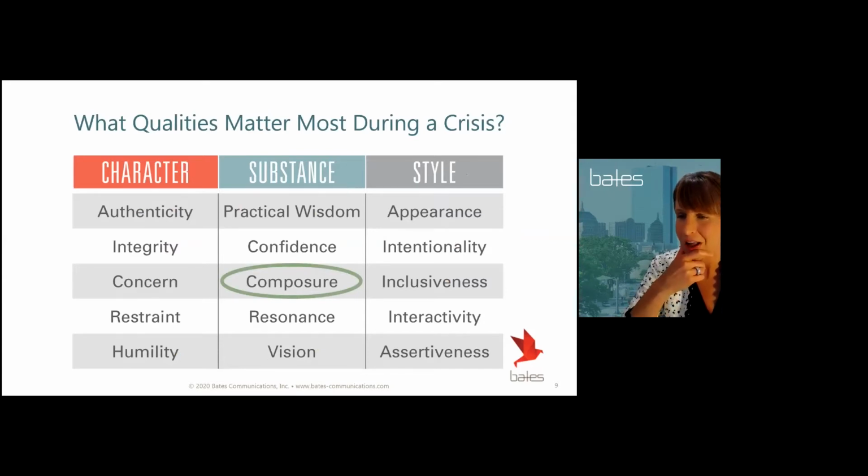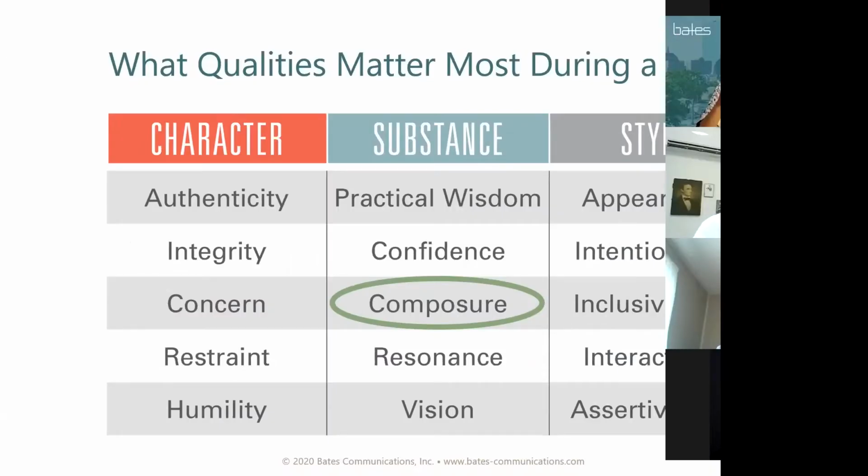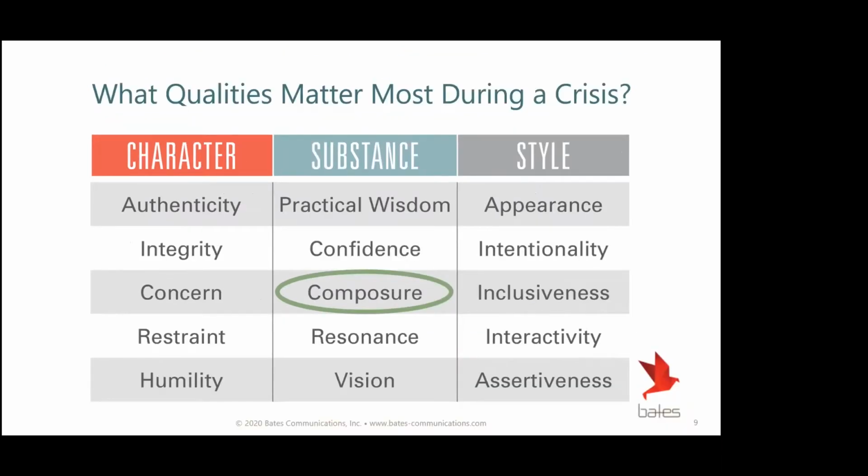So composure, a lot of you did mark composure as one of those that you think is most critical. This really reflects the ability to be steady during crisis. And I think one of the things hopefully you've seen, and this links a little bit to another facet, is the ability to be real about the crisis and to slow down and not downplay the magnitude of it. One of the challenges when you're in this extended environment is that it compounds.